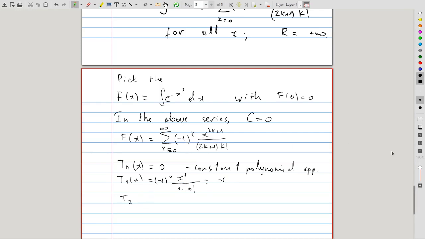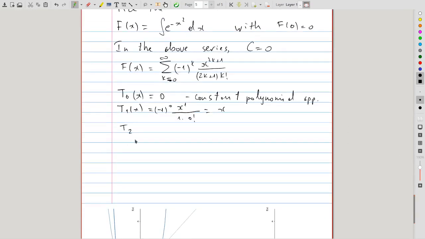We won't have a t2 because this only goes over the odd powers of x.